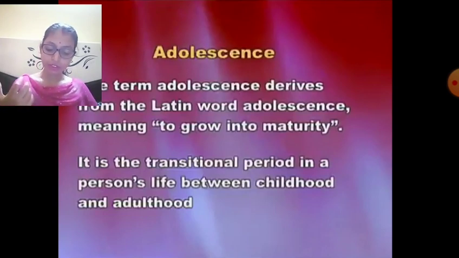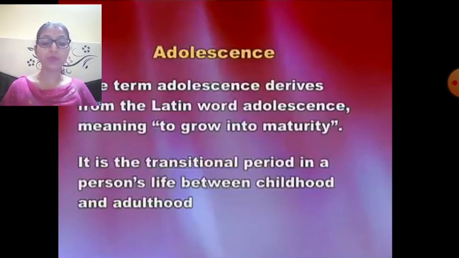Though the physical changes that take place during this stage are universal, the social and the psychological dimensions of the adolescence experience depend on the cultural context. For example, in a culture where the adolescence years are viewed as problematic or confusing, the adolescents will have very different experiences from someone who is in a culture where adolescence years are viewed as the beginning of adult behavior and therefore undertaking responsible tasks.